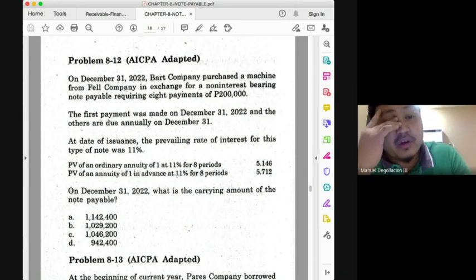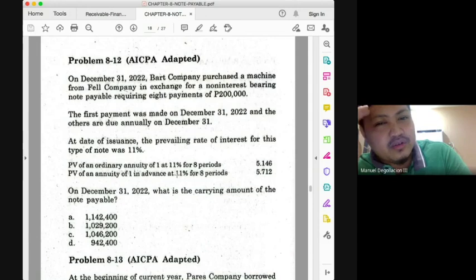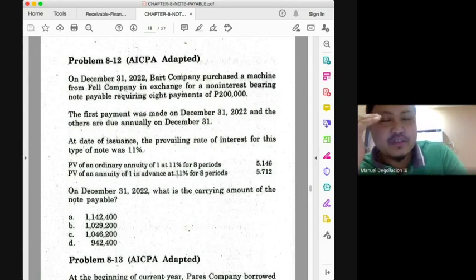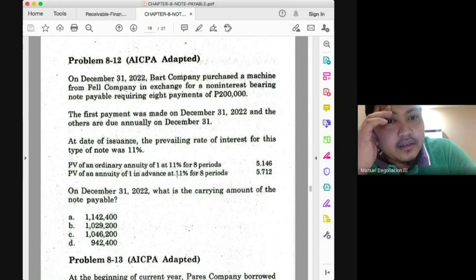So we have our cash flows, class. We will not have periodic interest because the note does not provide a provision for interest. Our cash flows will come in the form of 8 payments of 200,000. We will have a series of cash flows. We'll have periodic cash flows of 200,000 for 8 periods.